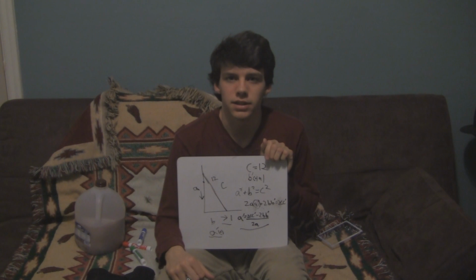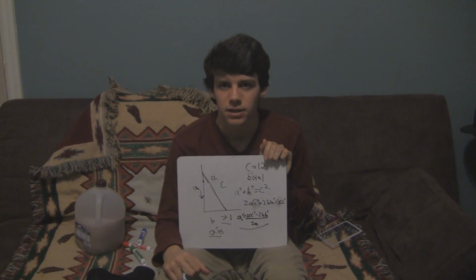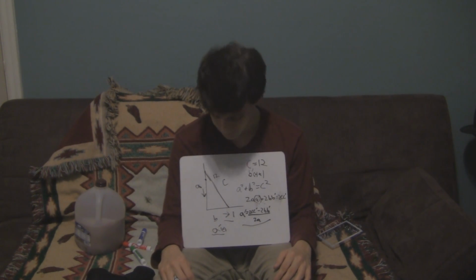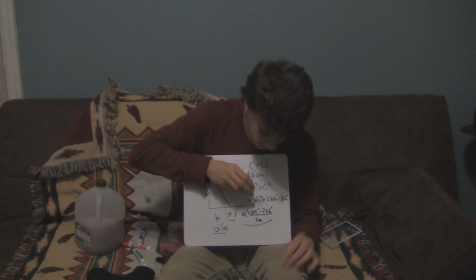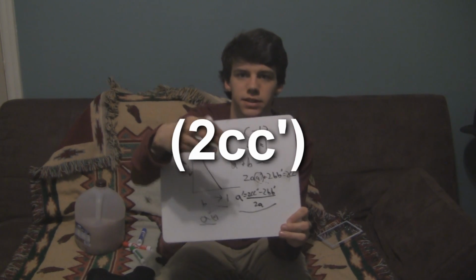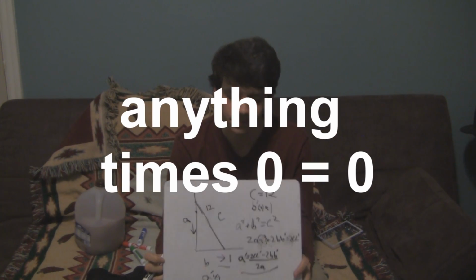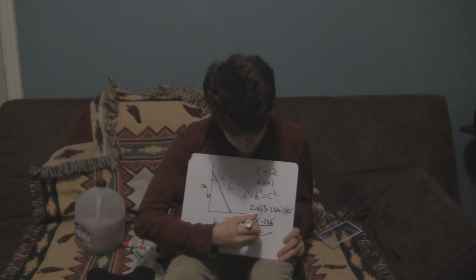Since it's not moving, it's just 0. Which means that this whole term right here, the 2c c prime, is just 0, since the derivative of it is 0. So you can just pretty much cross that out.